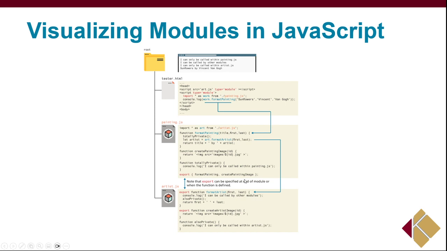So to use modules, you import to use things from other modules, and then within the module itself, you export so that they can be used outside of the module. Kind of a confusing concept, but the more you use it, the more you'll get used to it. It just helps to avoid naming conflicts.